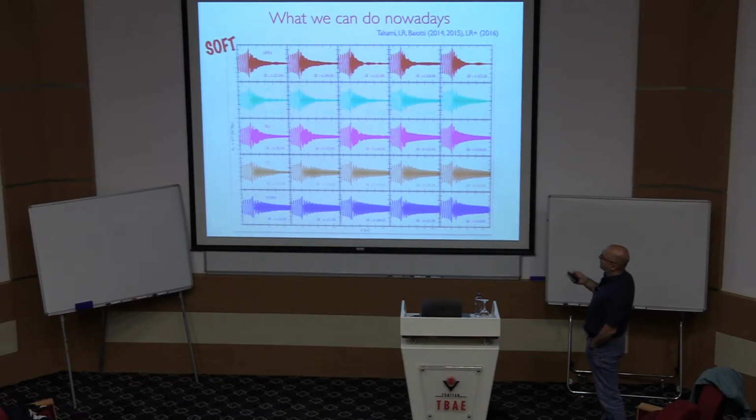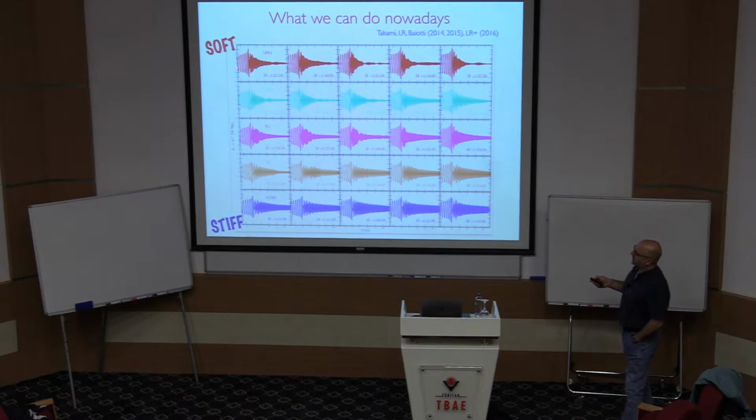In general, this is a soft equation of state, this is a stiff equation of state. What you can see is that a soft equation of state has a post-merger signal, after 0, that is much smaller than the pre-merger signal, the one during the inspiral. This is the opposite in the case of a stiff equation of state, where the post-merger signal is comparable.